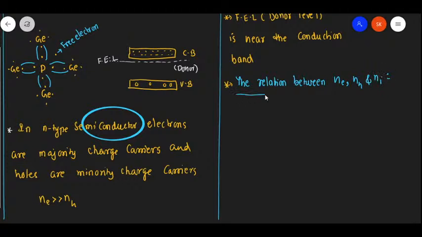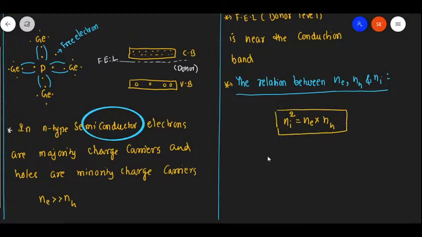Ne means electron density, or electron concentration, the number of electrons per unit volume. Nh is the hole concentration, the number of holes per unit volume. Ni is the intrinsic charge carrier density. There is one formula you can directly remember, no derivation: Ni square is equal to Ne into Nh. This is a very important formula.